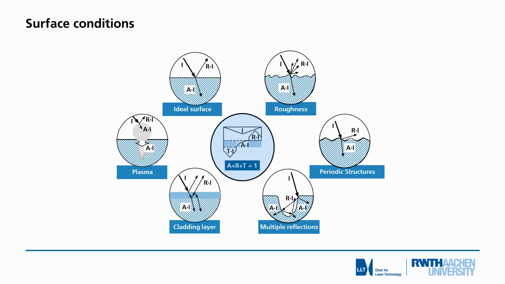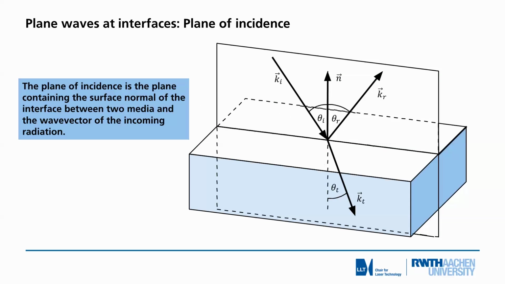So whatever comes in, imagine the intensity plotted here, will be either reflected to a certain fraction or it will be absorbed, and you already see here an exponential behavior of the absorptivity, and the last part of the incident radiation will be transmitted. So absorption plus reflection plus transmission equals 1.